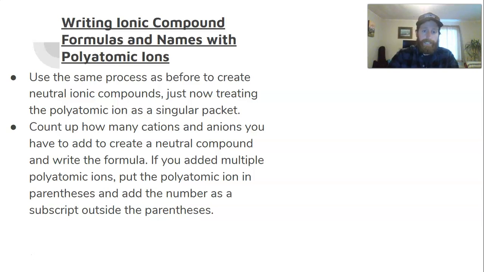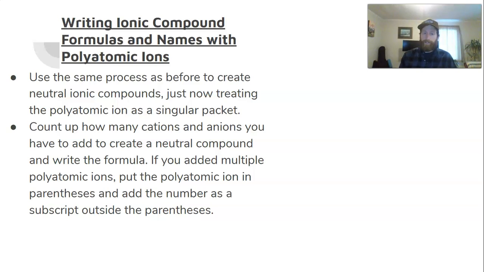And then you're going to ask yourself, is it balanced? If not, you're going to add whatever you have less of, either positives or negatives. You'll keep doing that process until the overall compound becomes balanced. Then you count up how many cations and anions you had to add to create a neutral ionic compound, and you write the formula.